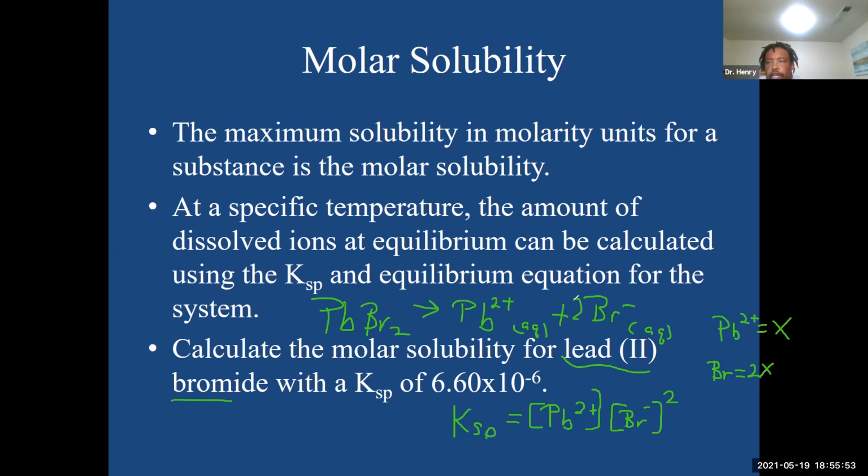Since you're going to get twice the amount of bromide for every one lead you get. Yes. Okay, so then I can plug that into my equation. So I get X times 2X squared, and we know that's going to be 4X cubed.